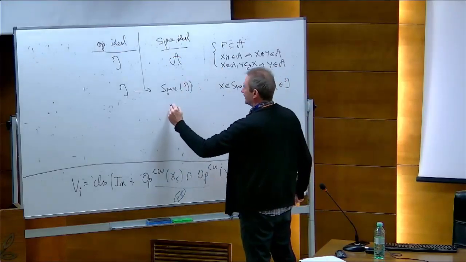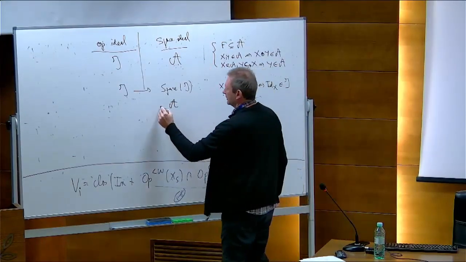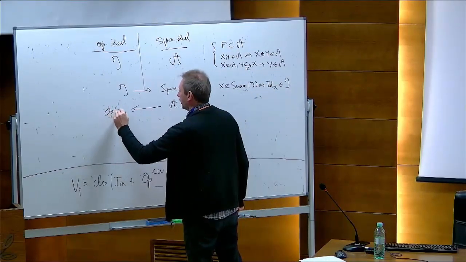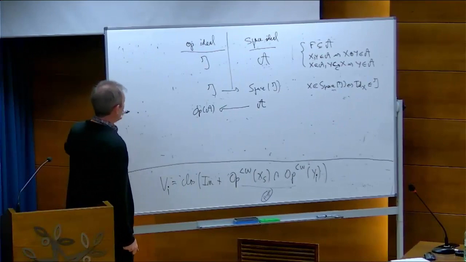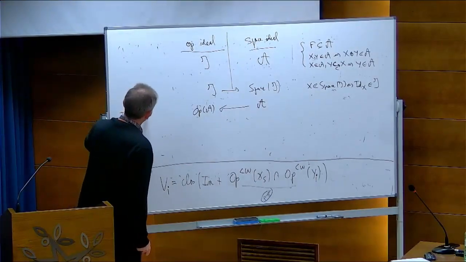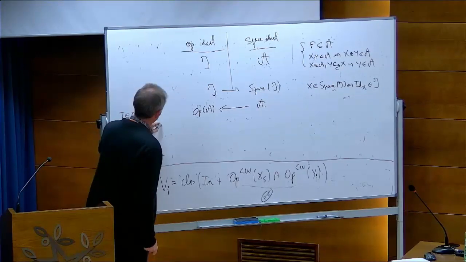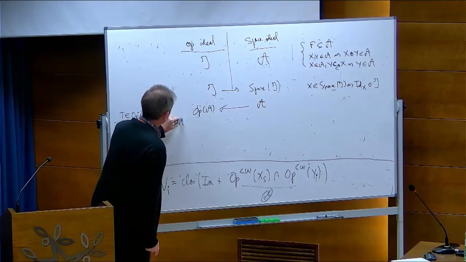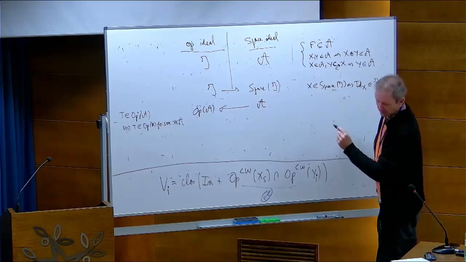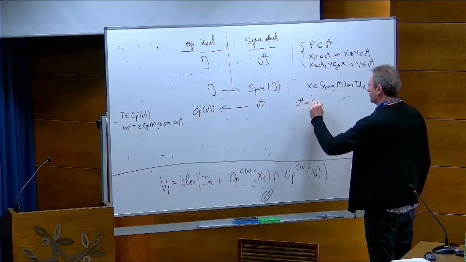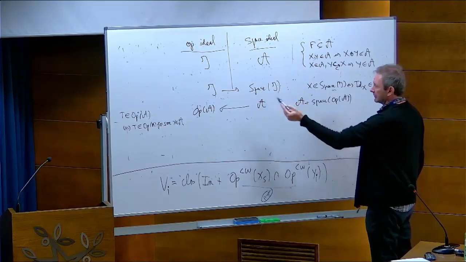Conversely, if you start from a space ideal, it is actually always the space of an operator ideal. So what you can do is just consider Op of A. You can guess that it means an operator belongs to Op of A if it factorizes through some X in the family A. And it's easy to show that A is always the space of Op of A, which proves that any space ideal is the space of some operator ideal.